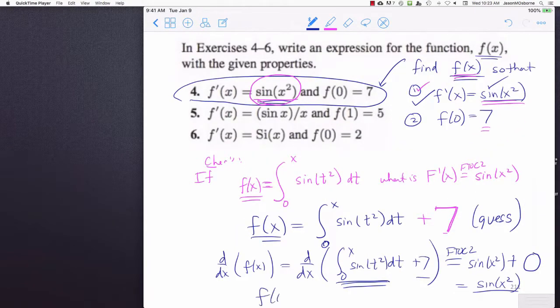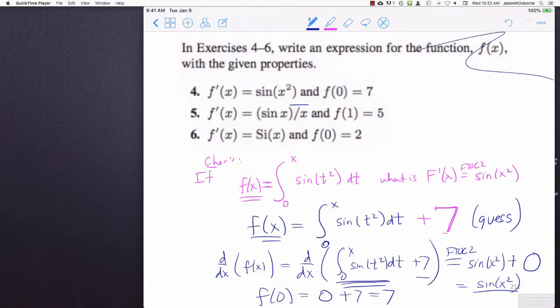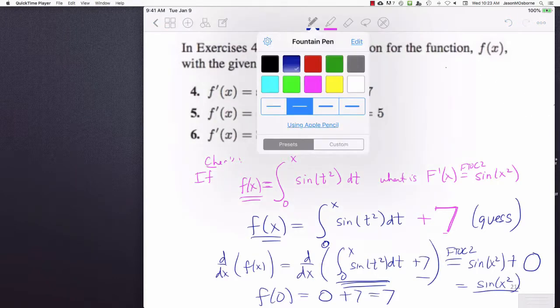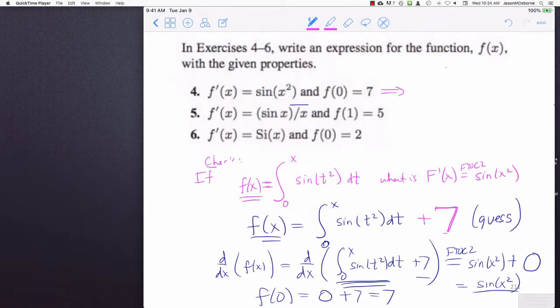If you evaluate this function at 0, you get 0 plus 7, which is 7. So there is the answer to number 4: the function f of x that meets those two conditions is the integral from 0 to x of sine of t squared dt plus 7.